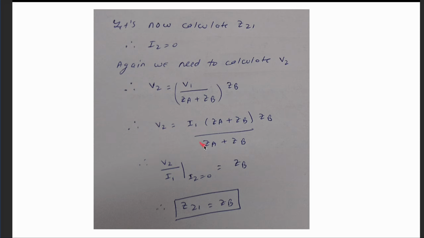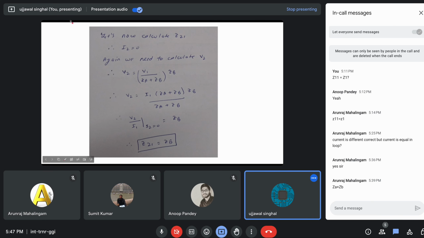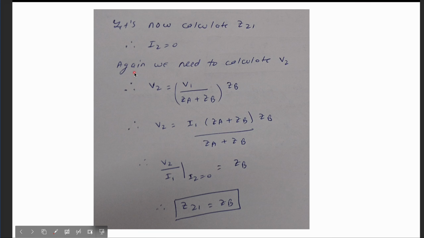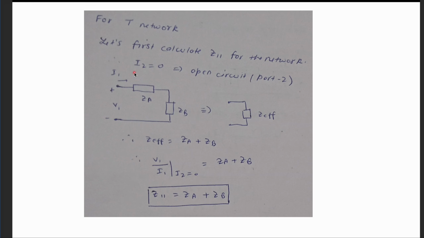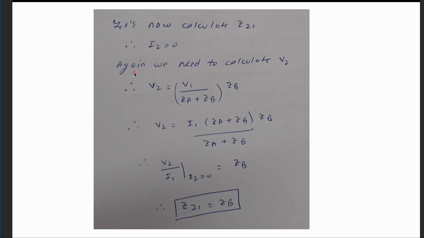If you put all of this together, you will get that Z21 is equal to just ZB. That's what I was looking for. Now you can tell me where you are stuck. Is it clear? It's the same as what we did earlier.